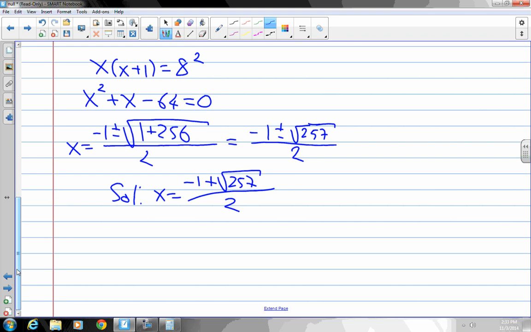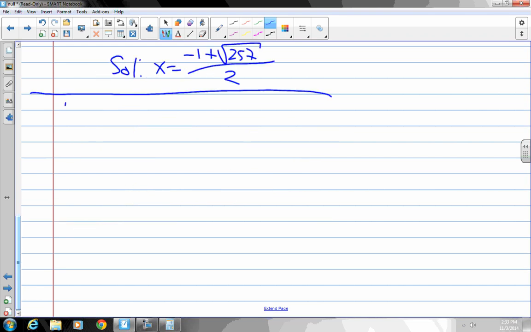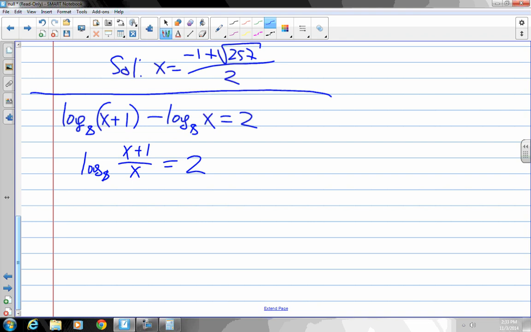If I do the same exact problem, log base 8 of x plus 1 only minus log base 8 of x equals 2. Then again, I can convert a difference of two logs into a single log by doing the division. So this is log base 8 of x plus 1 over x equals 2, right?